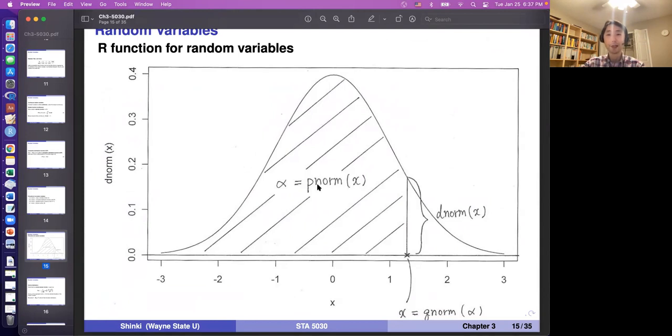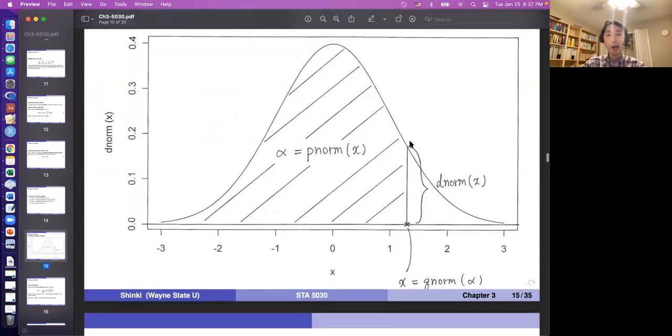So for normal, pnorm, for the T distribution, pt, and for the F distribution, pf. This calculates the area under the curve on the left-hand side of this x. And if you want to see the height of the density function, you can use dnorm. So D stands for density.